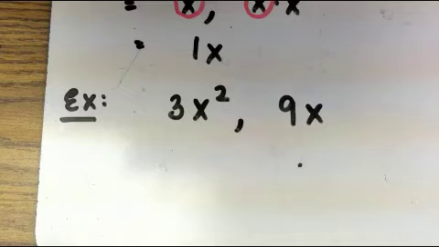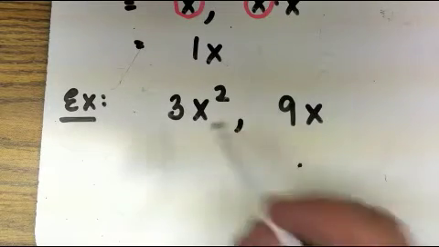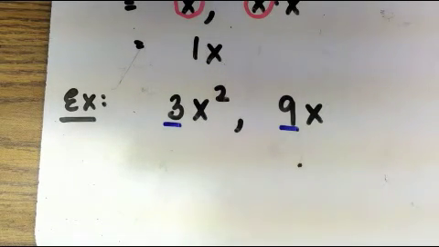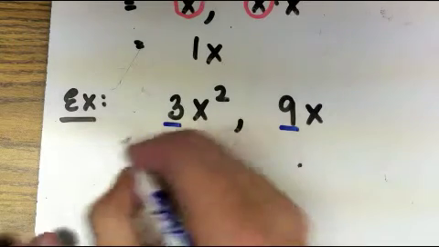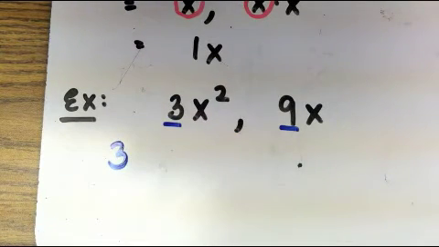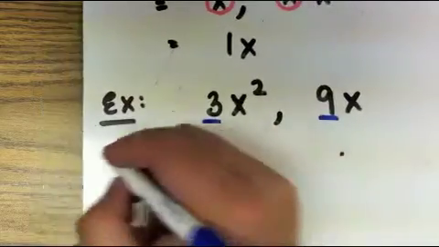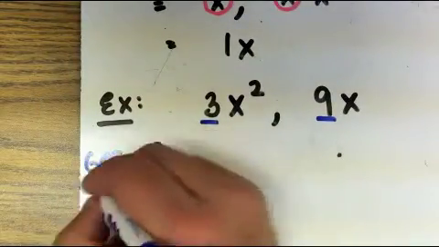Let's handle the number piece first. I'm only looking at the 3 and the 9. What is the highest number that will go into both 3 and 9? Well, that is going to be a 3. So I know that part of my GCF is 3.